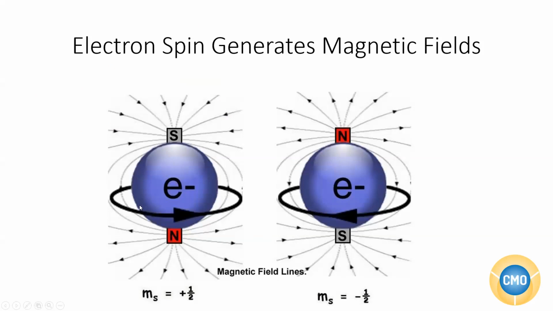So we've got an electron spinning in this direction, which gives us a north down below and a south up above. But obviously if it spins in the opposite direction, then the poles are on the other side of the electron here. So we're getting electrical fields, but we're also getting magnetic fields, hence the term electromagnetic field.